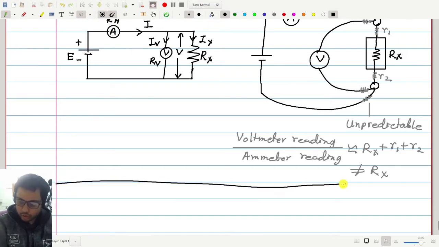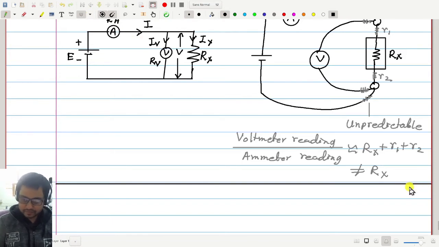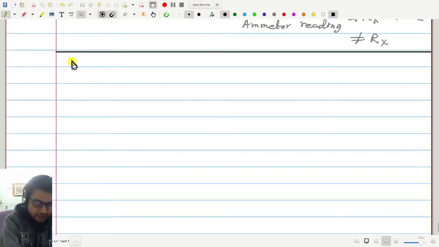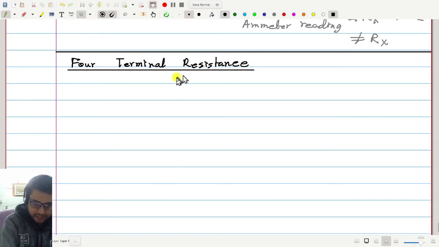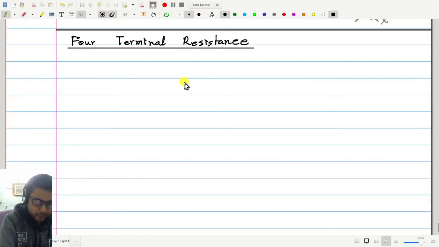Now how do we get rid of this? The solution is a very clever one. It is called a 4-terminal resistance. A resistance is expected to have two ends, two terminals. So this name, 4-terminal, may be surprising, but the meaning will be clear very soon.